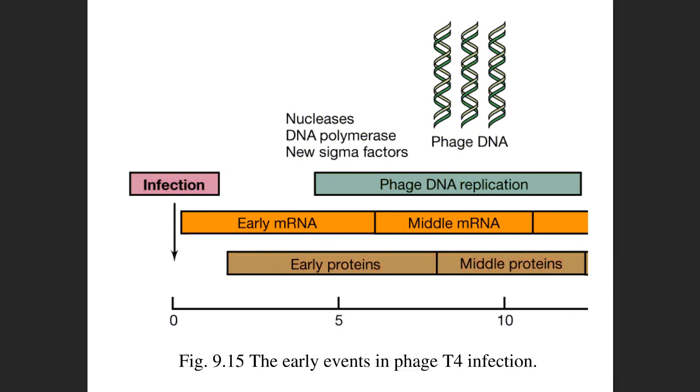Now, what does sigma factor bind in order to transcribe? It's the promoter, right? So the early mRNA needs to be transcribed by the host's RNA polymerase and sigma factor, the E. coli sigma factor, right?